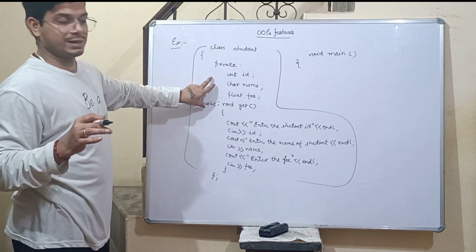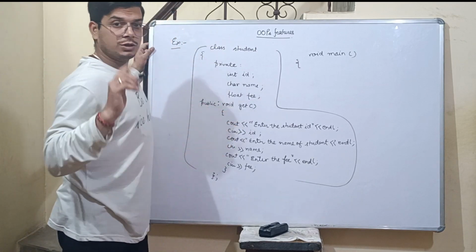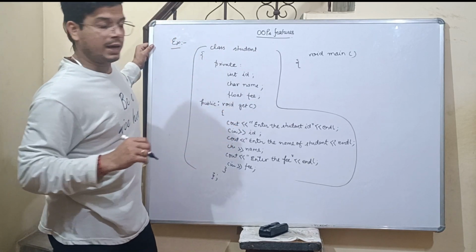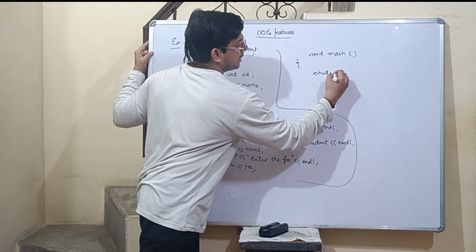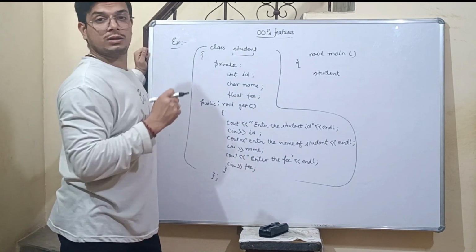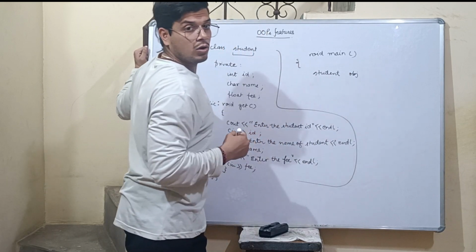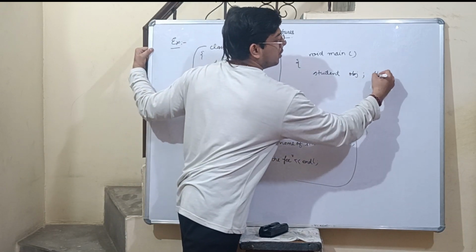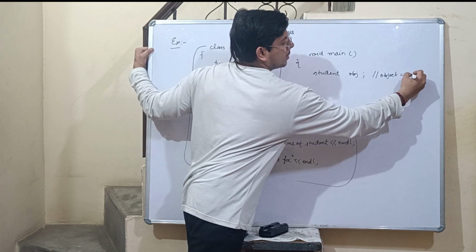Now we have to access the class, so we'll have to create the object. How is the object created? First you need to write the name of the class, that is student, and then the object name. Suppose we have created an object. This is object creation.